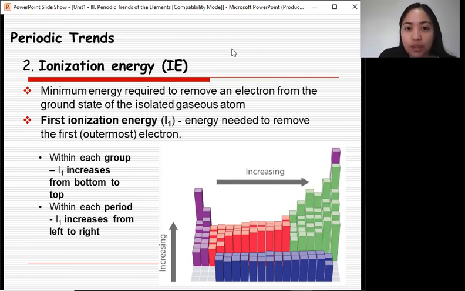If the atomic size or radius of the atom is increasing from top to bottom, ionization energy is opposite. Within each group, ionization energy increases from bottom to top and from left to right. So they are opposite to atomic size or atomic radius.